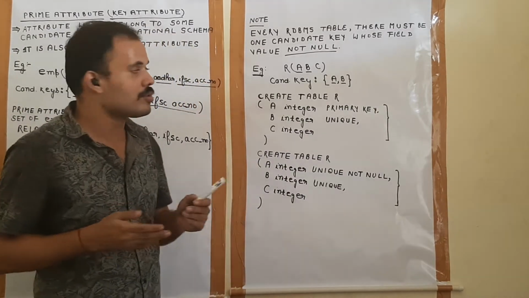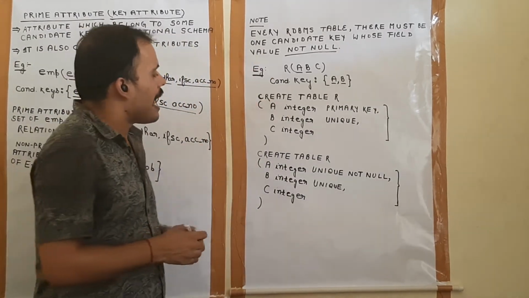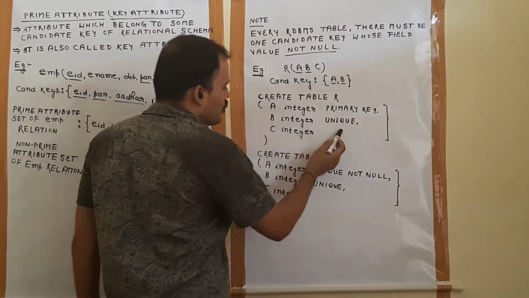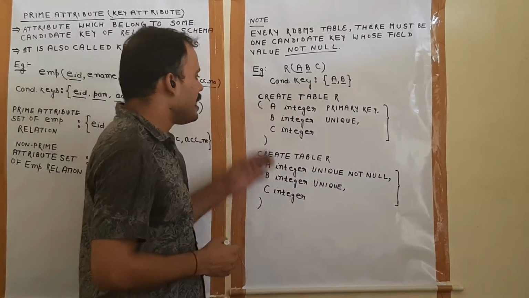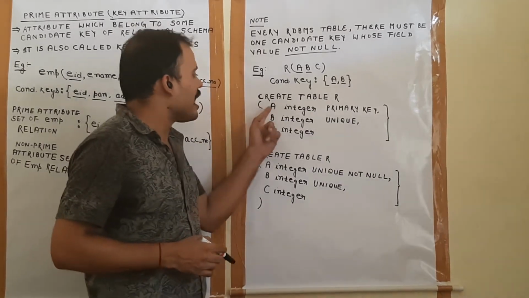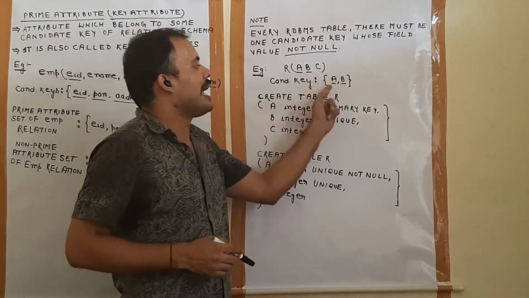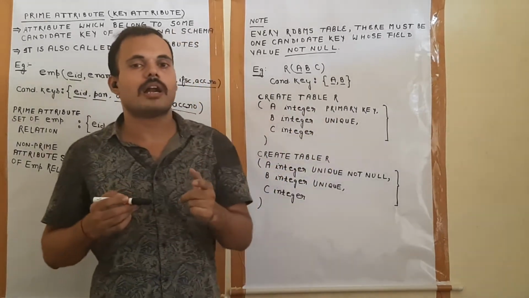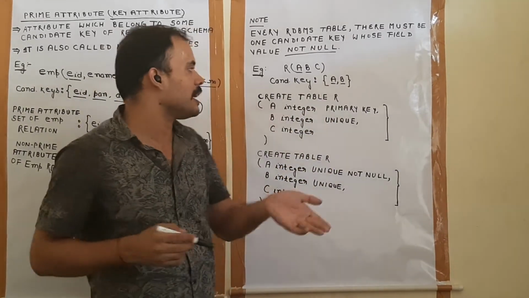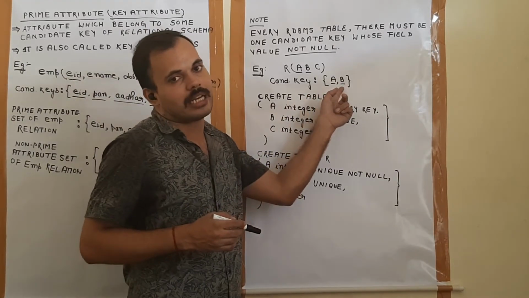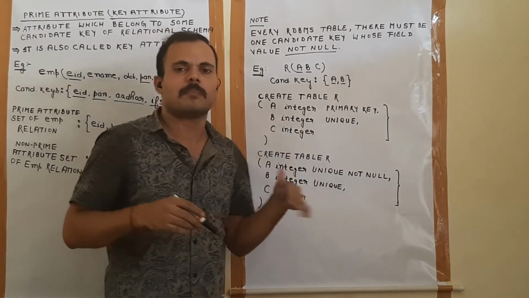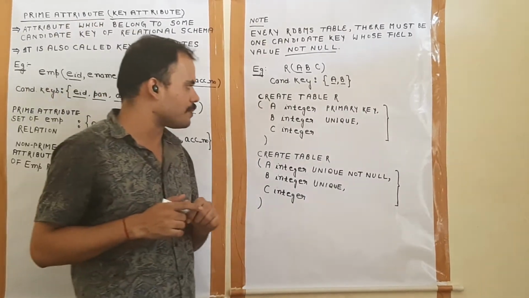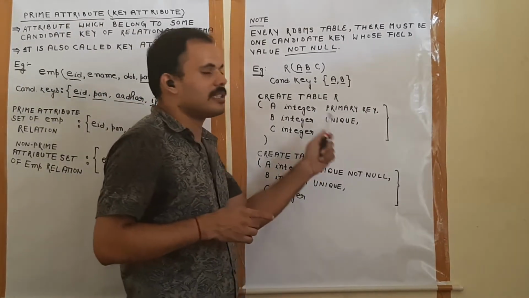See, A is the attribute which is primary key, B is unique, and C is integer. Unique keyword is used for the alternative key, means B is the alternative key, and C is simply integer, means C is not a candidate key. Understood?